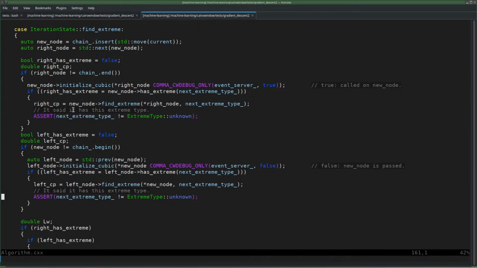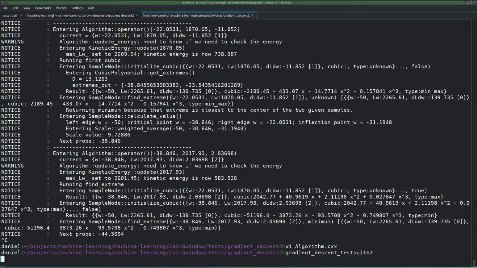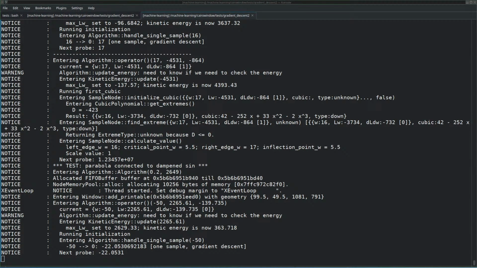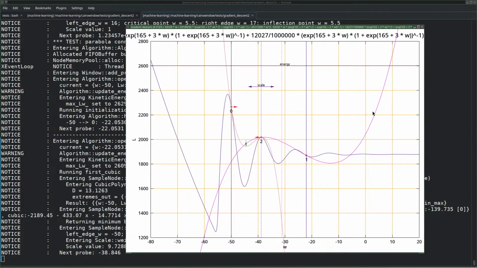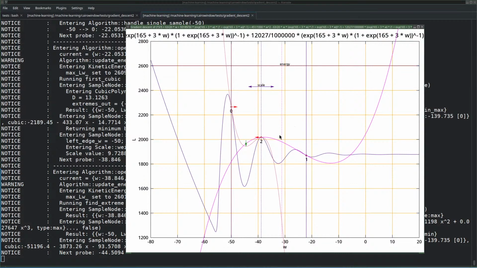But now what do I want to do? I want to jump to this point. Well, it already seems to know because there's a green arrow here. But why do we want to jump to this point?